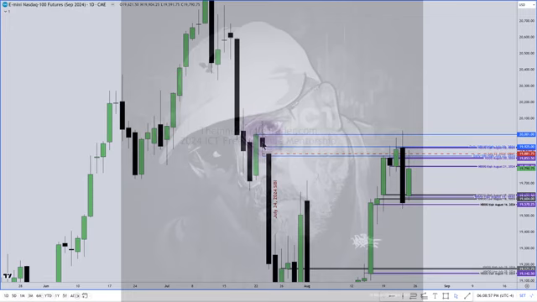We were looking for a run potentially up into this wick's consequent encroachment, and it just fell short of that, which was indicative of underlying weakness. And we saw that big smash down on Thursday. And then today we worked into the mean threshold of that bearish order block, which is the halfway point. And we were looking for indications that we might want to reject that.